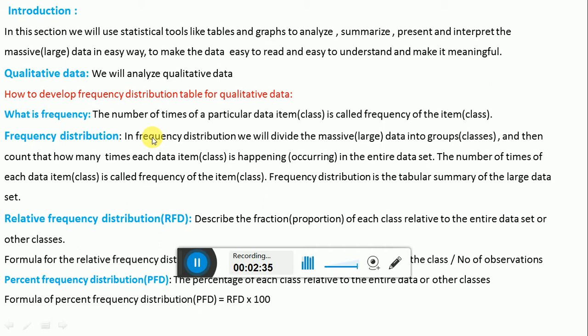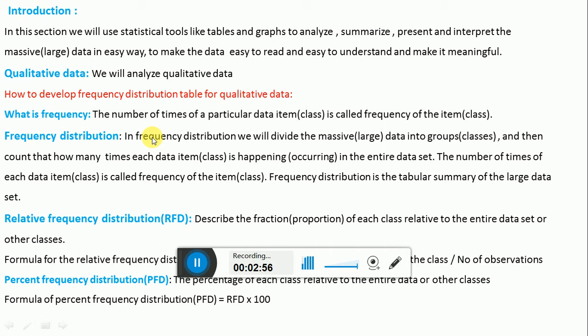This frequency distribution table is a statistical tool to summarize the data, to interpret the data, to make the data easy to read, easy to understand. I am again repeating what frequency is. Frequency means the number of times a particular data item occurs in the entire data set.